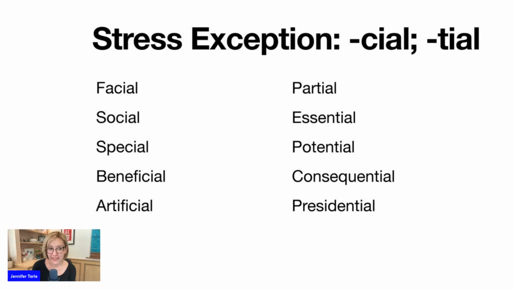I'll do one list in total just to see if you are listening, you might be able to remember all of them. Facial, social, special, beneficial, artificial. Partial, essential, potential, consequential, presidential.